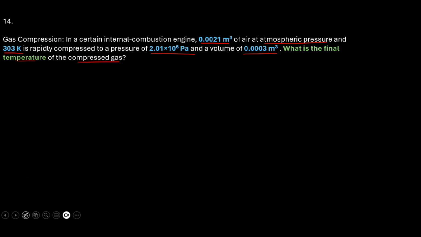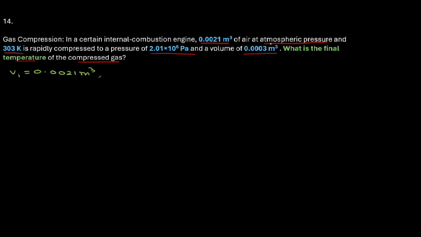So let us first write down what is given to us. I have 0.0021 meter cube of air. Meter cube is the unit of volume, so I will write this as volume of air, V1, 0.0021 meter cube.